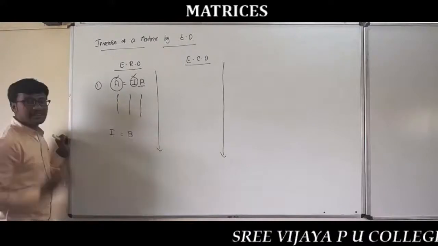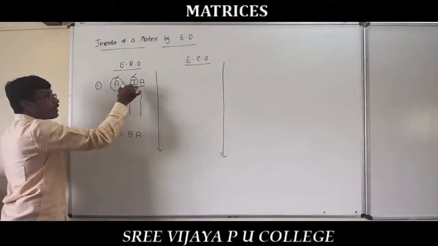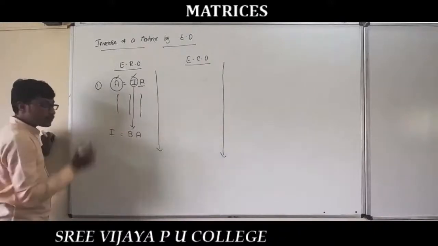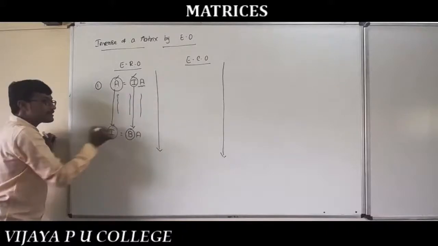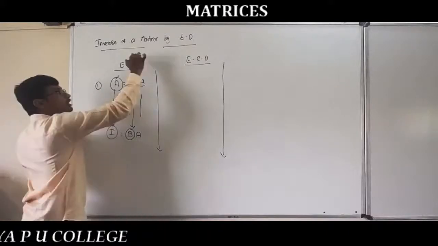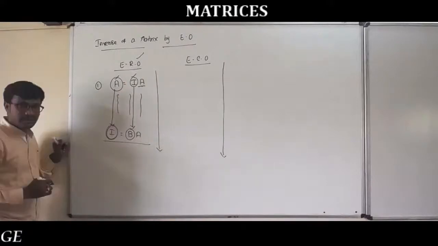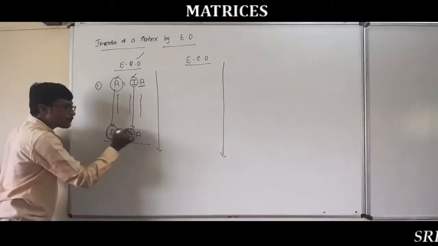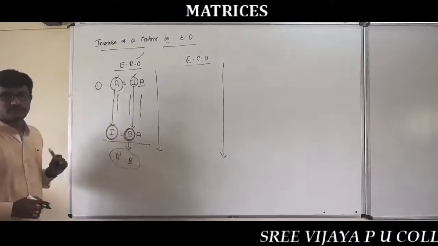I can take that as a B, and this A is as it is. And after converting this A as the identity matrix by using elementary row operations, at the last step, if it is the identity matrix on the left hand side, what is the matrix you are getting on the right hand side? This is the inverse of the given matrix, that is A inverse.